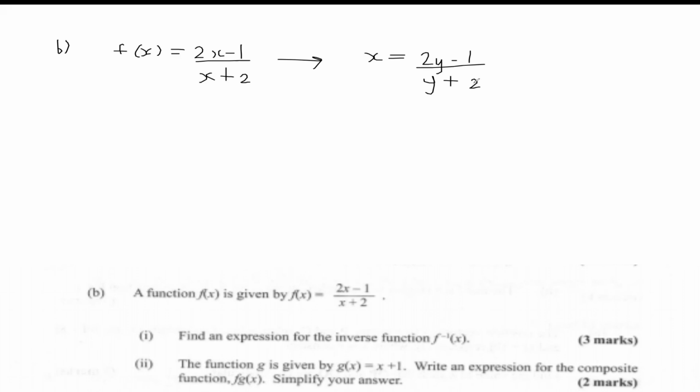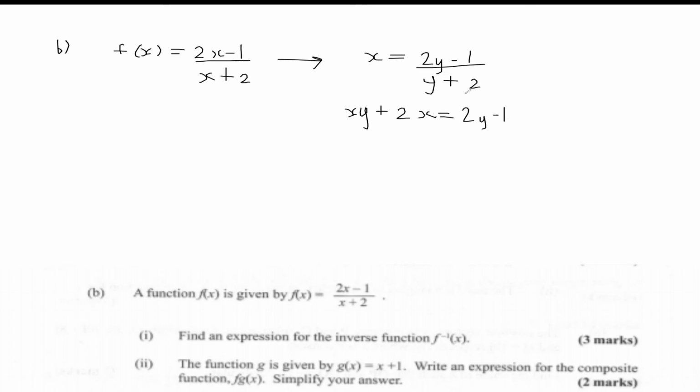When we do this now, what we're going to get is cross multiply to get xy plus 2x is equal to 2y minus 1.